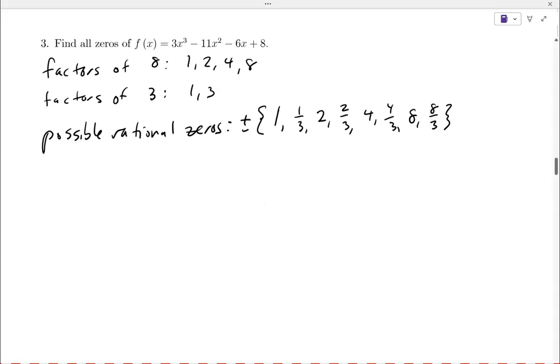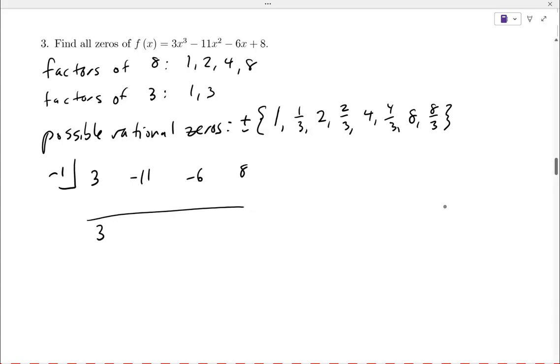All right, so we can check if it's a zero by doing synthetic division. And that was why I chose the -1. It's a lot easier to multiply by -1 than, say, 2/3, isn't it? At least I think it's easier. All right. What do we do for synthetic division again? What do we do first?